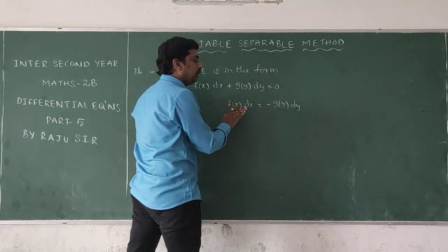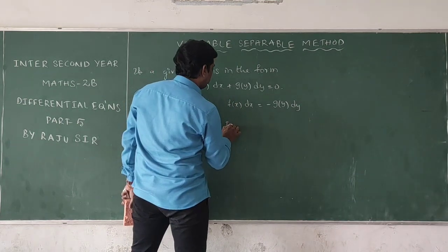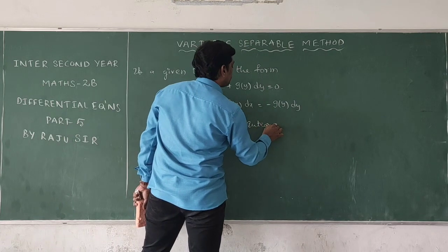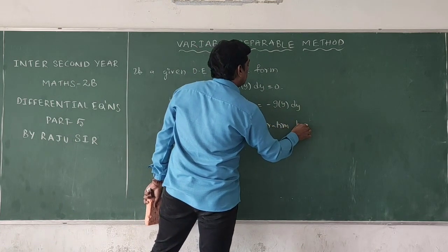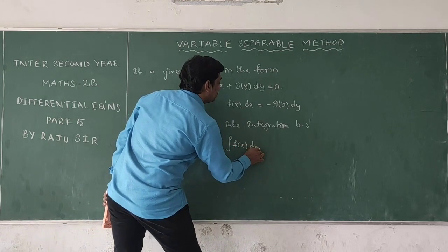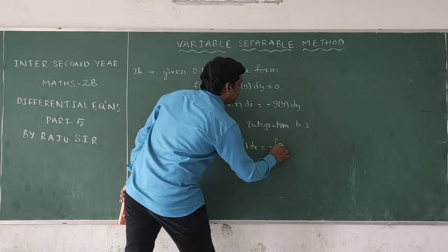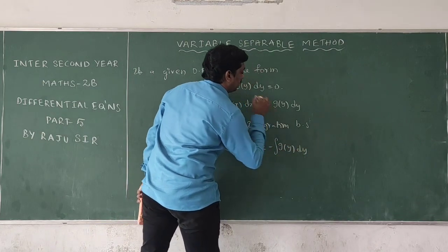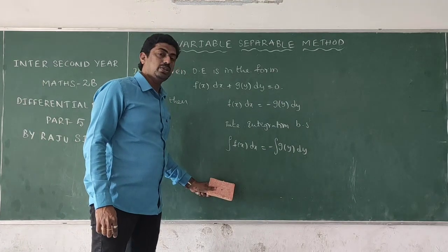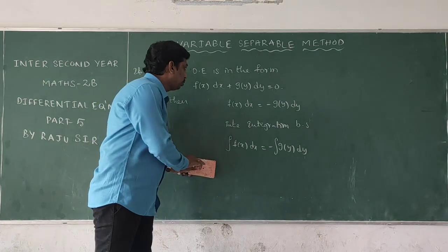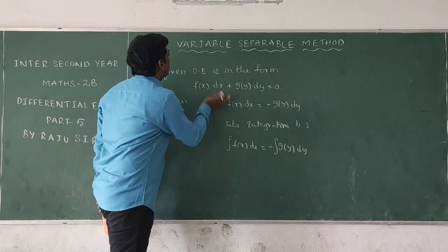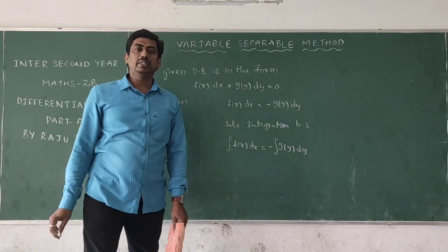After doing that, take integration on both sides. Then integration of f of x dx equal to minus integration of g of y dy. After that, simplify this equation, then we get the solution. That is the general solution of the given differential equation.